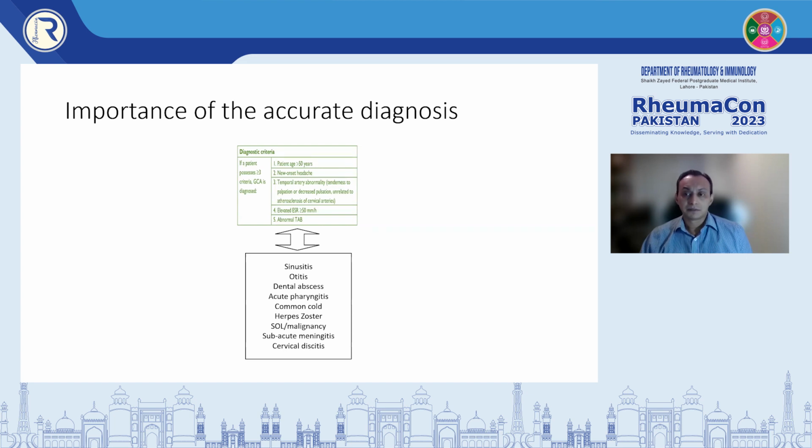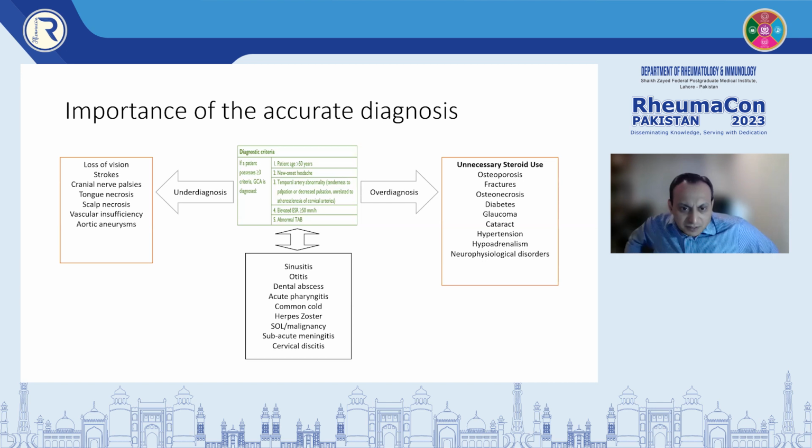And that has a big problem, because if you underdiagnose giant cell arthritis, you're leading to complications which lead to mortality and morbidity, which could be quite significant, including loss of vision and posterior circulation strokes. And if you are overdiagnosing them, you are putting people unnecessarily on long-term steroids, and most of them are going to end up with steroid dependence and osteoporosis and fractures and other complications which arise from the long-term use of steroids.